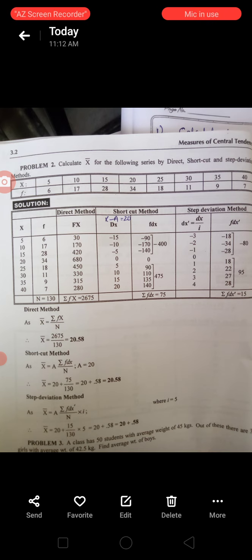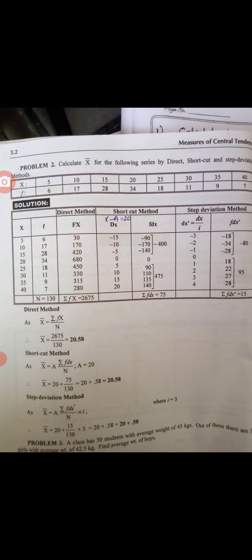Now we'll see the shortcut method, and the formula for shortcut method is x bar equal to a plus summation fd by n. In shortcut method, a is the assumed mean, so you have to assume any one value in x. So dx, you have to find out dx equal to x minus a. So in x values, you have to take any one number as assumed mean.